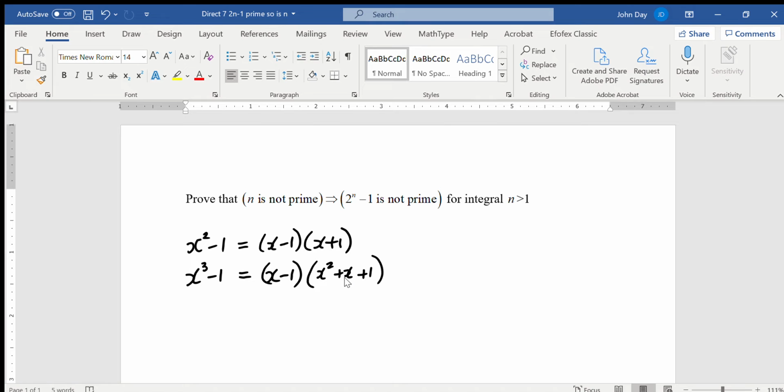So if you were to expand that, you would see that that would give you x cubed plus x squared plus x minus x squared minus x minus 1. So you would end up with x cubed minus 1.